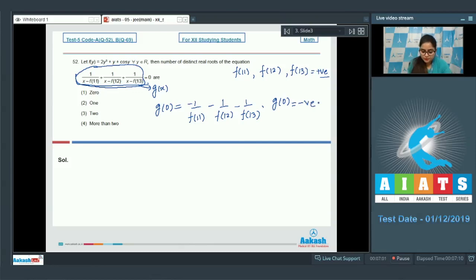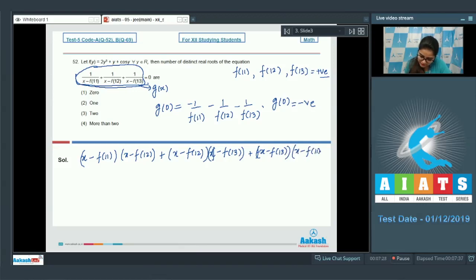Clear? Now if you take the LCM of this equation, then you will get (x − f(12))(x − f(13)) + (x − f(13))(x − f(11)) + (x − f(11))(x − f(12)) = 0.